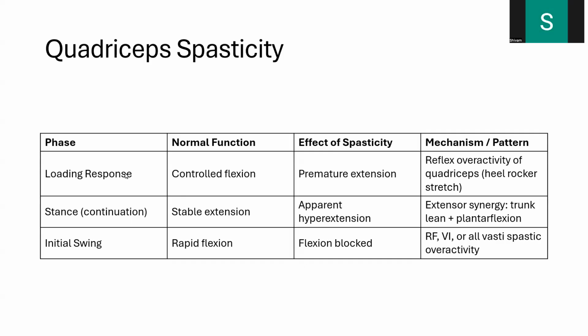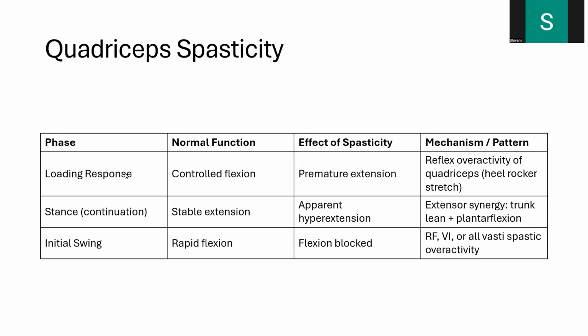One more pattern of quadriceps overactivity is only vastus intermedius activity. We can see this in dynamic EMG. If only vastus intermedius is overactive, then we can cause surgical release of only that.